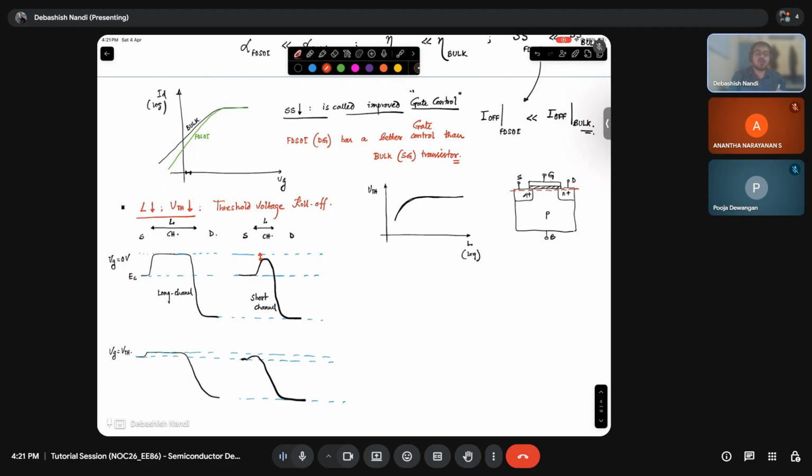What is this phenomenon called? We have discussed this, right? This phenomenon is called drain induced barrier lowering.